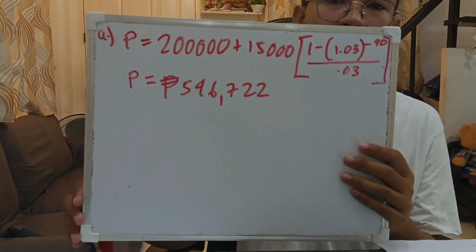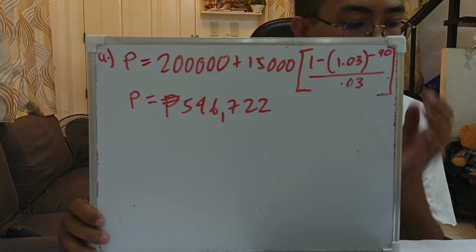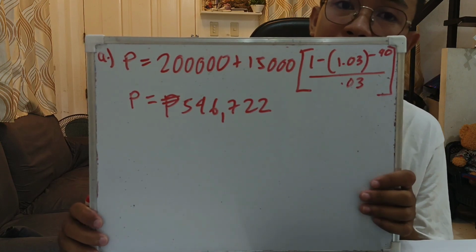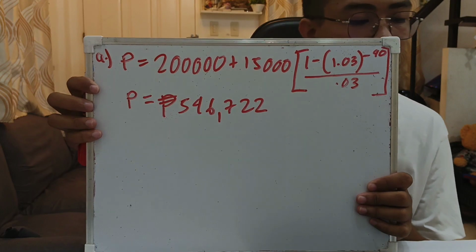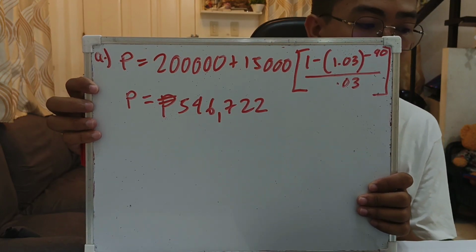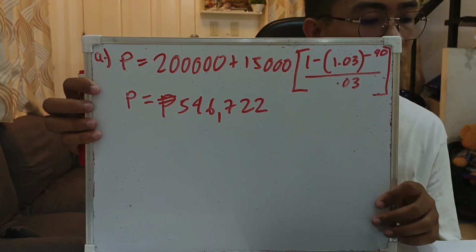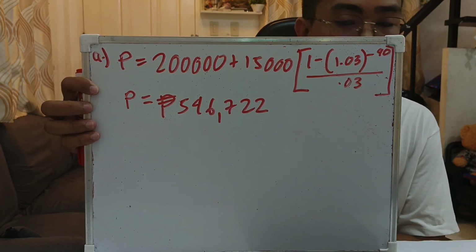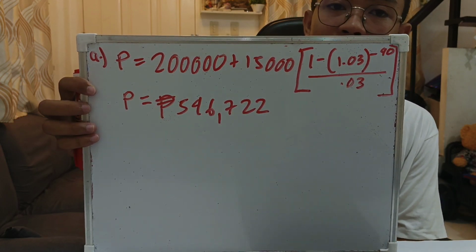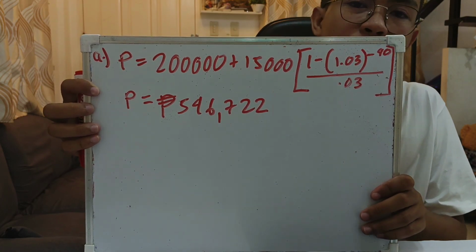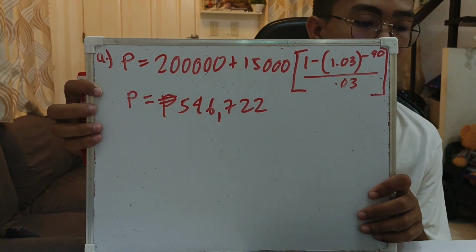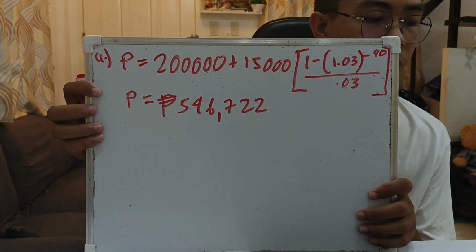So we should identify our given first. Our down payment is 200,000 plus our A is 15,000, times n. For 10 years compounded quarterly, 10 times 4 is 40, and interest is 12% compounded quarterly, so 12 divided by 4 is 3%, or 0.03.